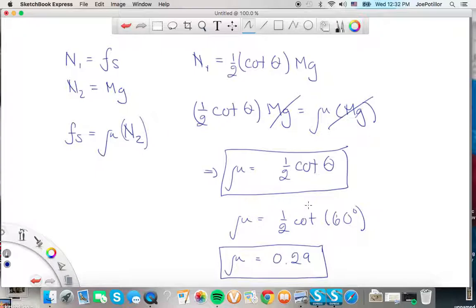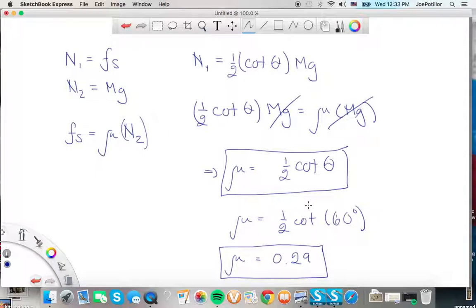So what that expression shows us is, when the angle increases, what happens? What do you think happens if I were to increase the angle? What would happen to the coefficient of friction? Would it increase or decrease? Well, why don't we try it?